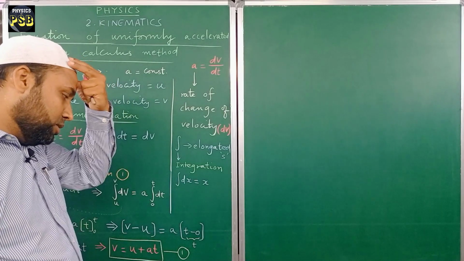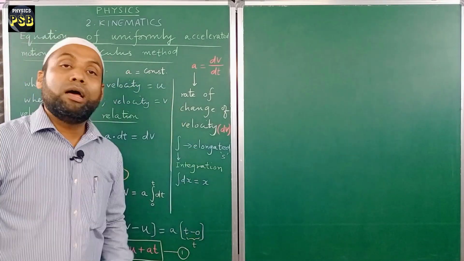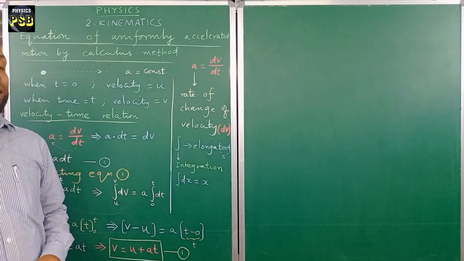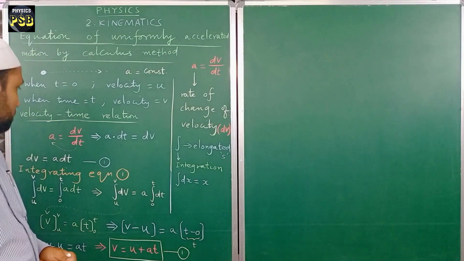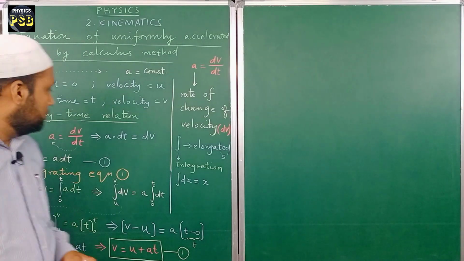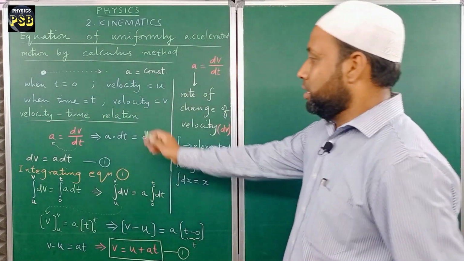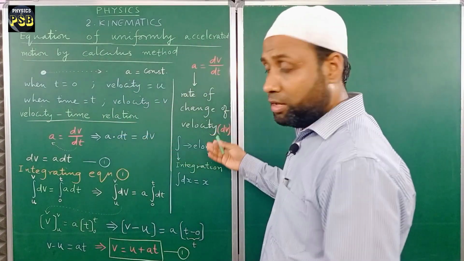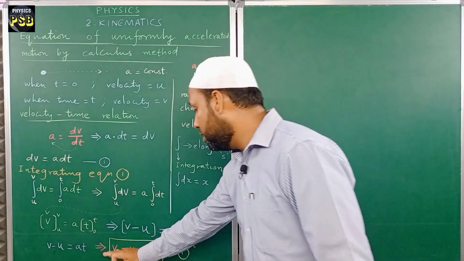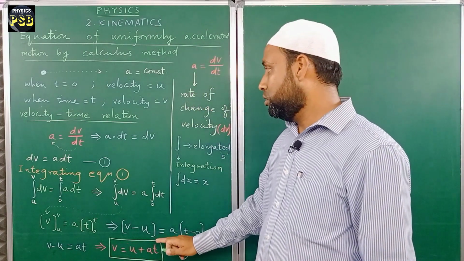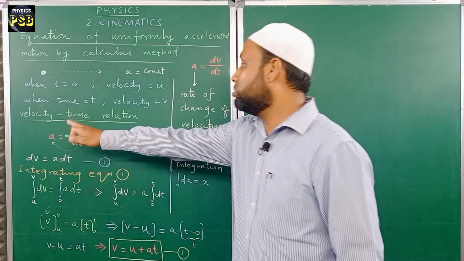Now I'll derive the second equation of motion and the third equation of motion. Got it? Here, before going ahead, let me tell you why we call this one the velocity time relation.